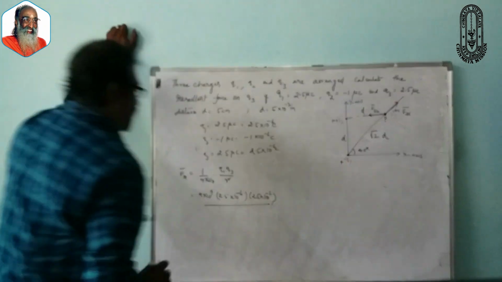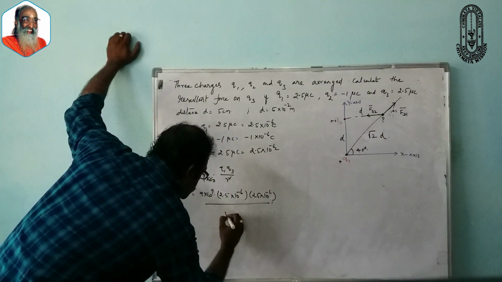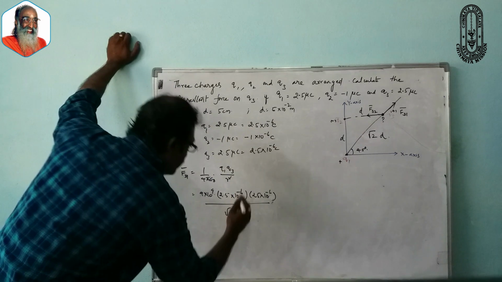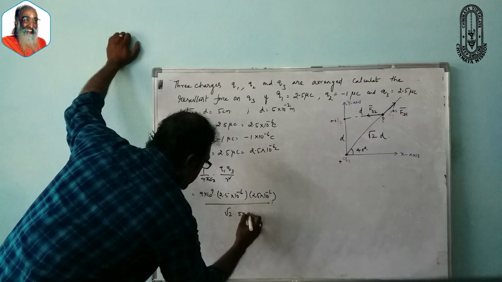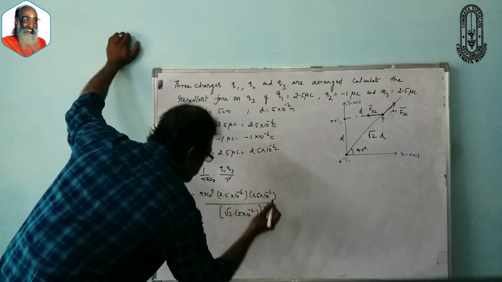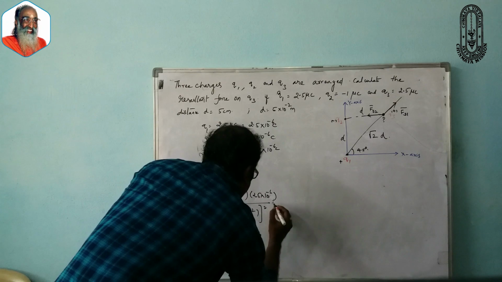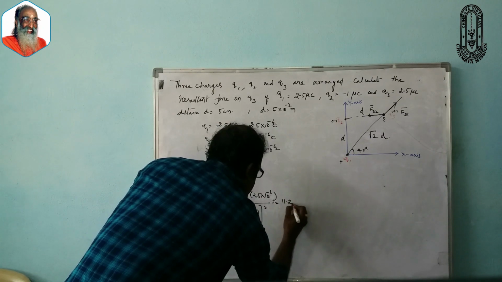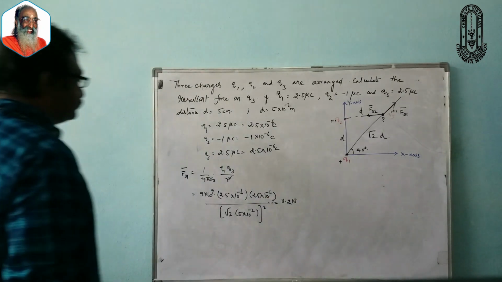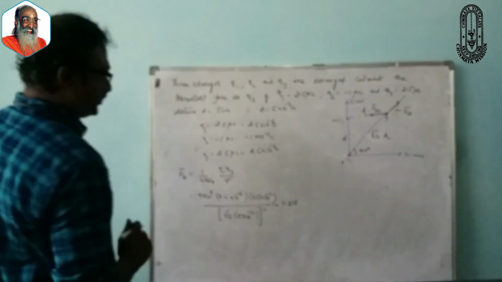And r square, where r is root 2 d, and root 2 d is 5 into 10 to the power of minus 2, whole square. By calculating this, we get the answer as 11.2 Newton. That is our F31.